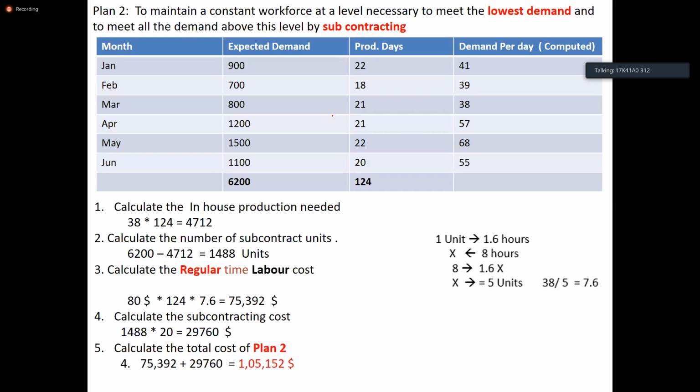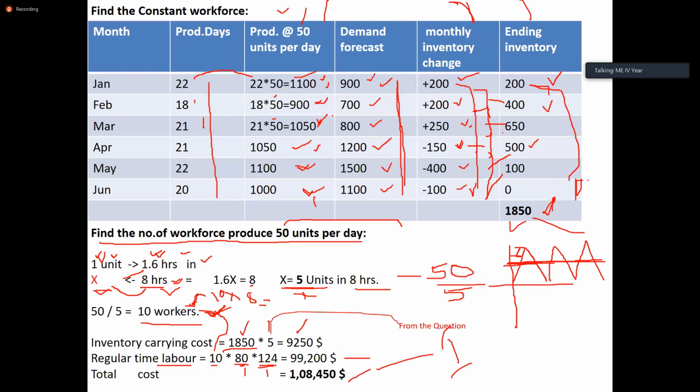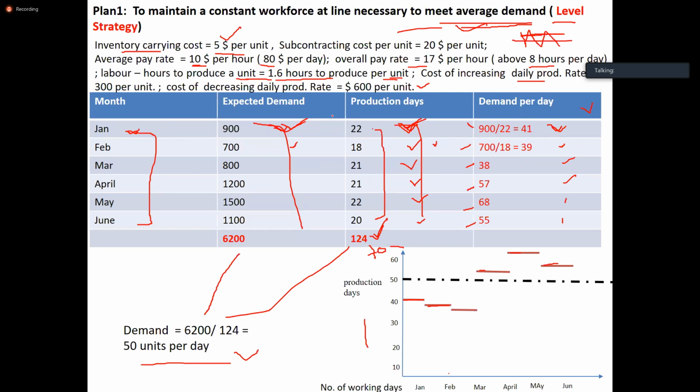If the forecast demand will be more in February than January, then which strategy will be useful, sir?